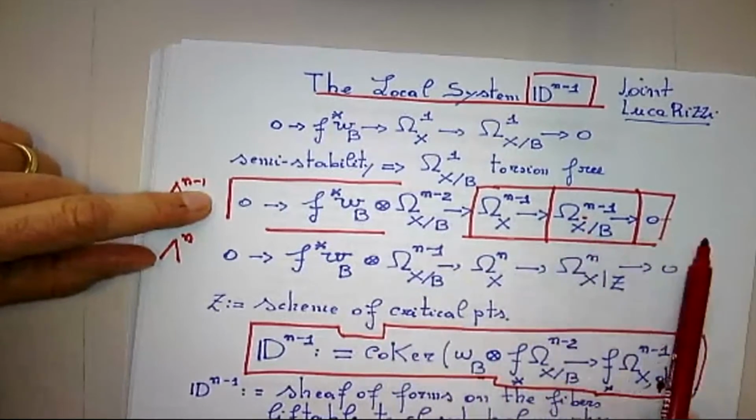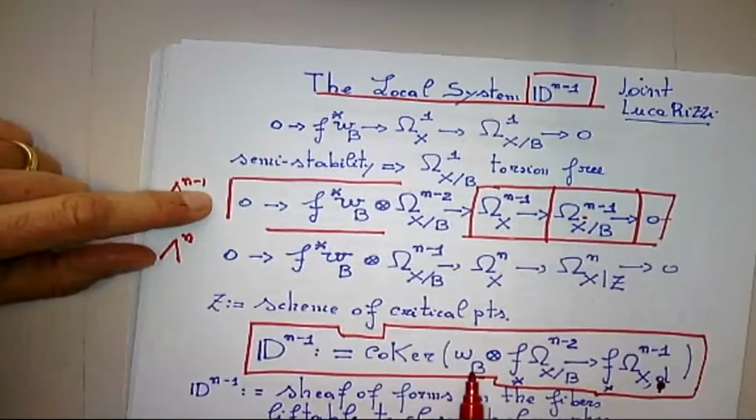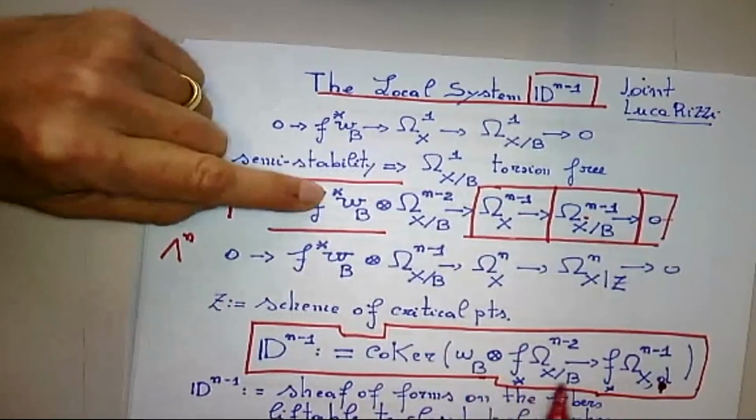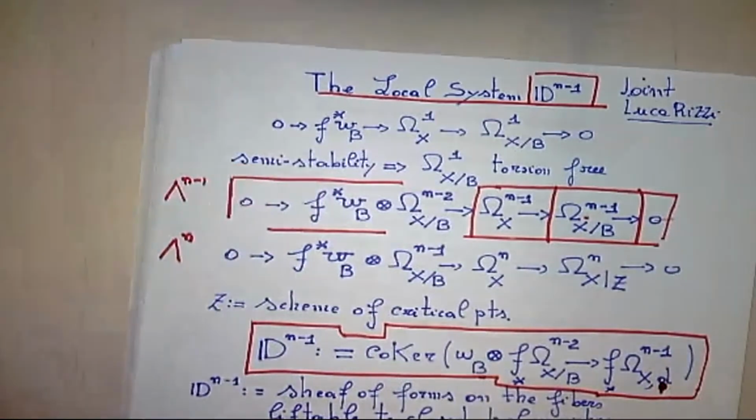Instead of the one I have said before, you take the cokernel of the push forward of the sheaf, this, to the push forward of the closed n-1 forms. And what is this D n-1?